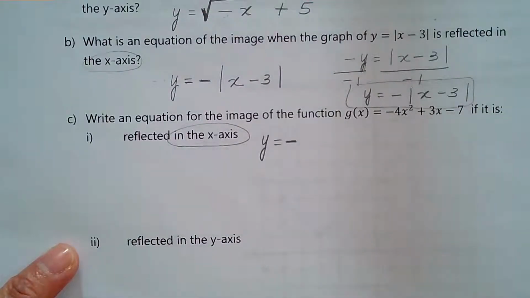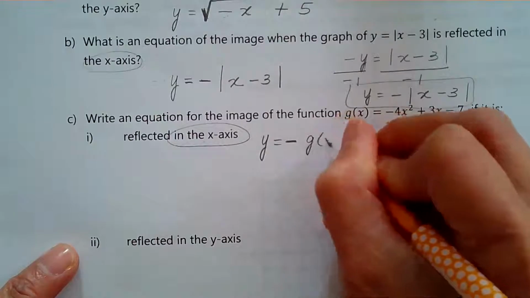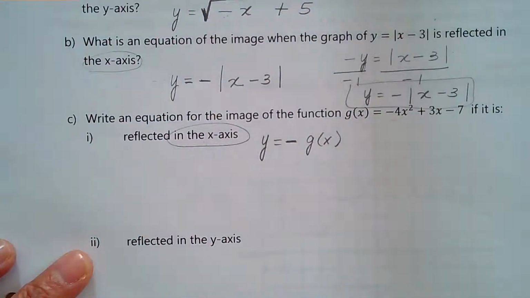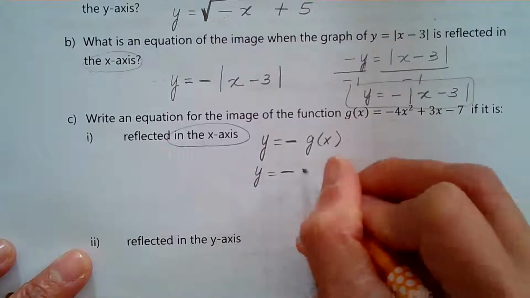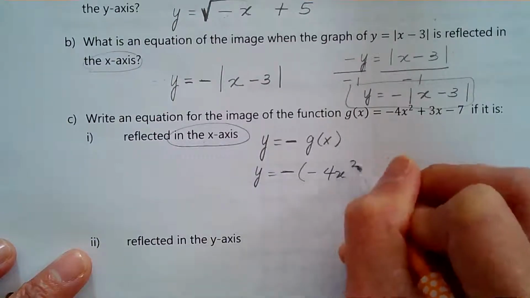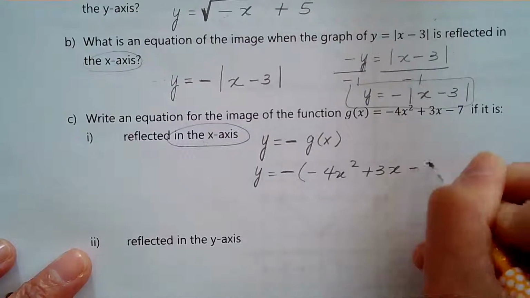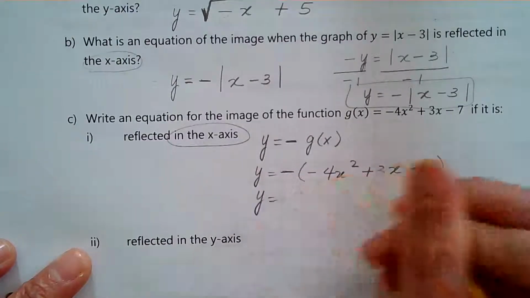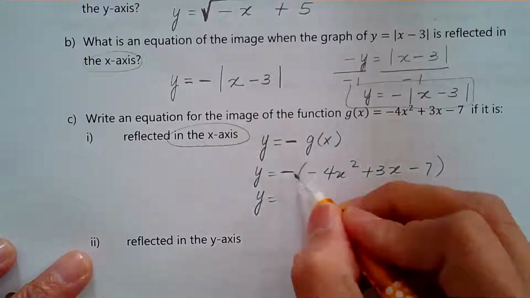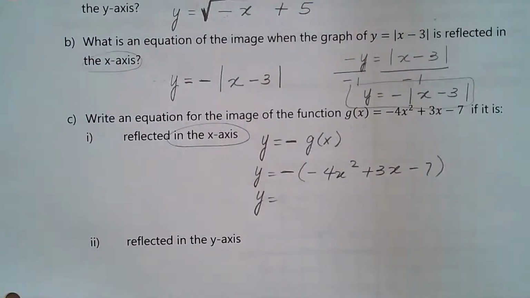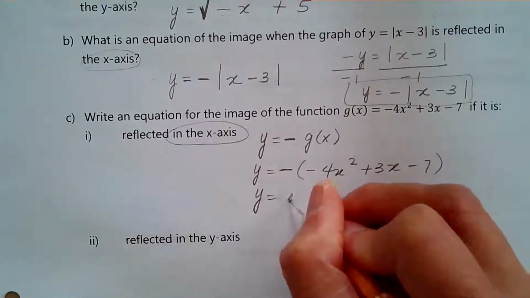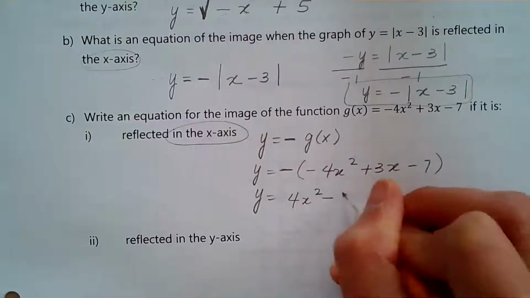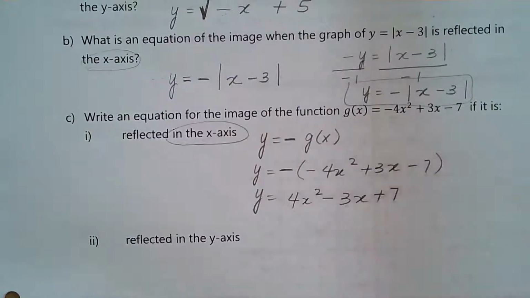Your a value is going to be negative. That keeps it as negative 4x squared plus 3x minus 7. If we simplify that a bit more, you just use the distributive property to multiply in the negative. It's going to be 4x squared minus 3x plus 7.